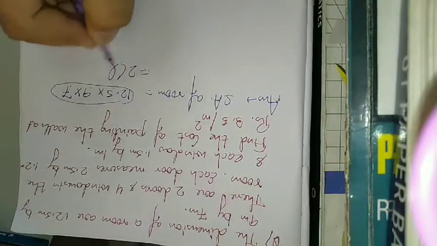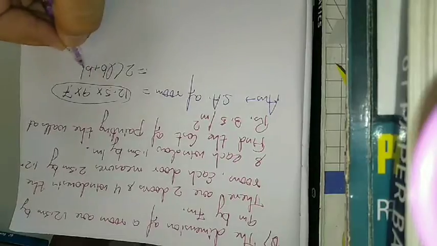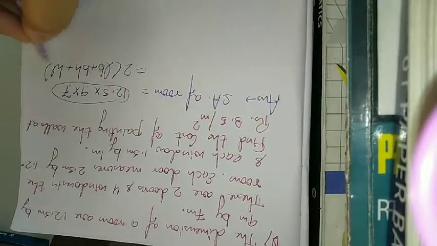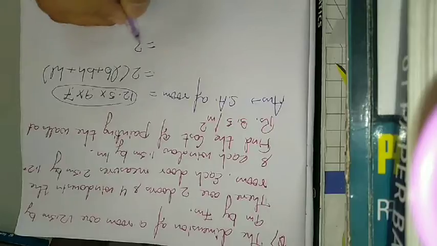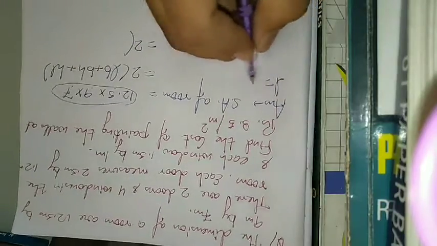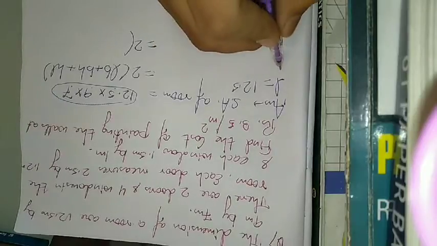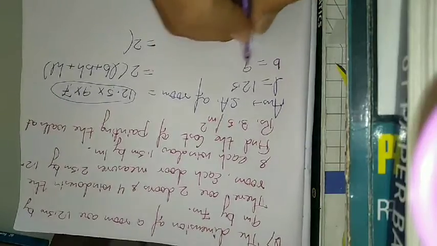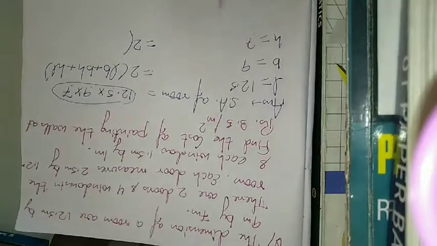The surface area is 2 into length into breadth plus breadth into height plus height into length, right? Length is 12.5, breadth is 9, height is 7.